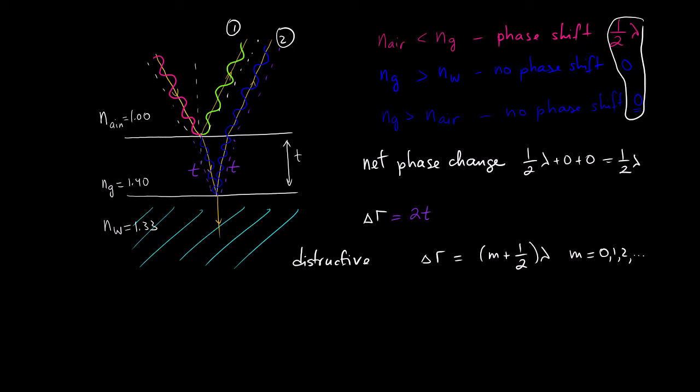For this one, I'm going to write 2t plus the phase change that we have, 1/2 wavelength, should equal (m plus 1/2) lambda.